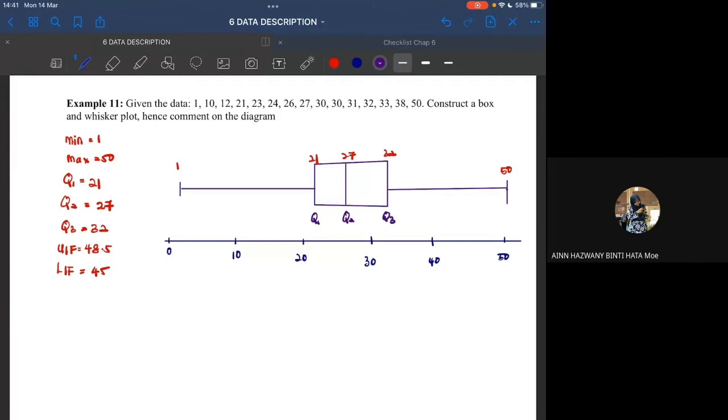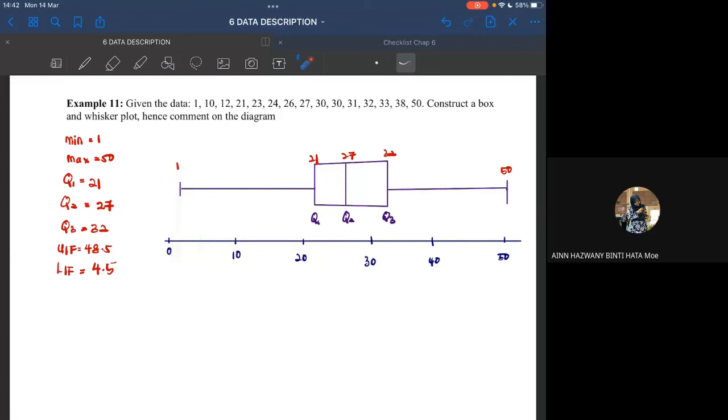Sekarang lower inner fence, upper inner fence. So kalau kita tengok dekat sini, lower inner fence ni 4.5. Okay. So kalau kamu tengok dekat sini, lower inner fence kamu 4.5, which is somewhere around here. Okay, this is 1.